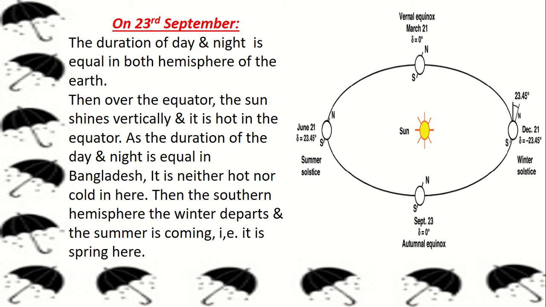So the Earth stays at such a place on 23rd September where both the poles remain equally away from the Sun, and on that very day the Sun gives the perpendicular heat on the equator. That means the sunlight falls lengthwise towards the equator at a 90 degree angle, towards both the Arctic and Antarctic Circle at an angle of 66.5 degree, and towards the poles at an angle of 0 degree.